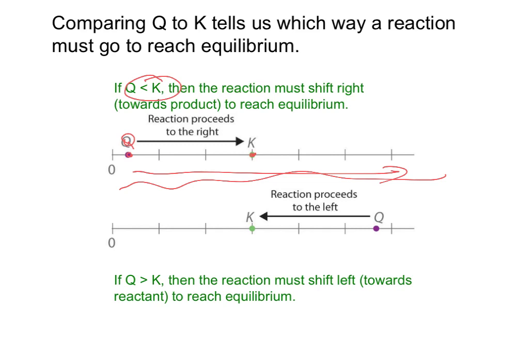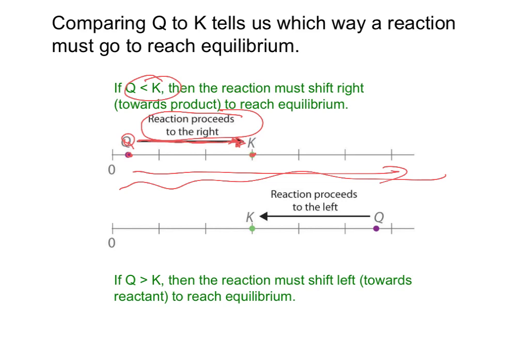So what you do then is you always start your arrow at Q. And whatever direction you have to go with your arrow to go from Q to K is the direction the reaction must shift. So if Q is less than K, the reaction must shift to the right in order to reach equilibrium.